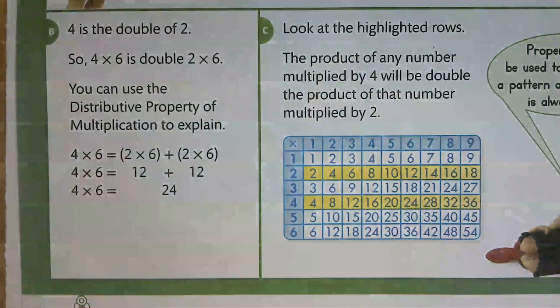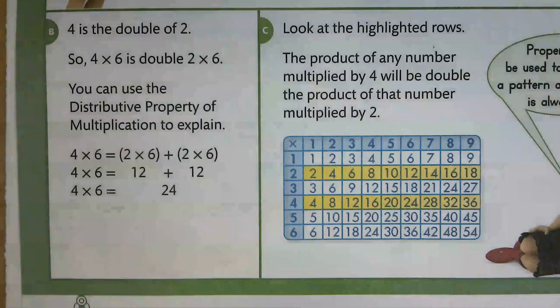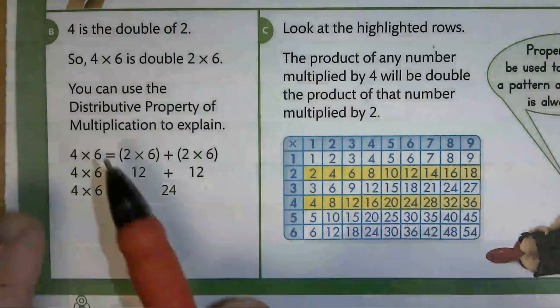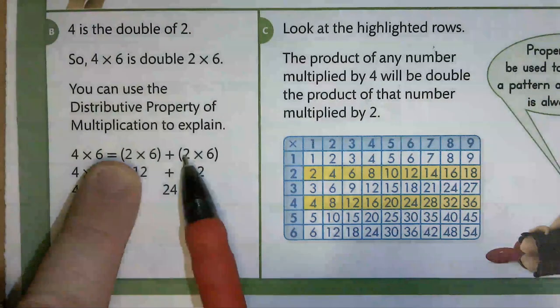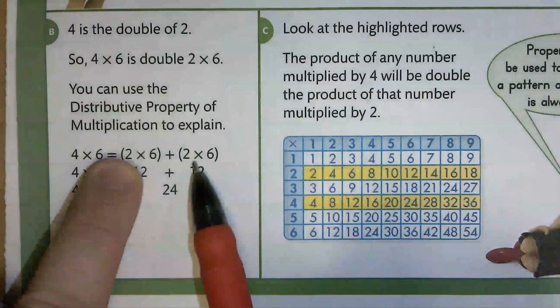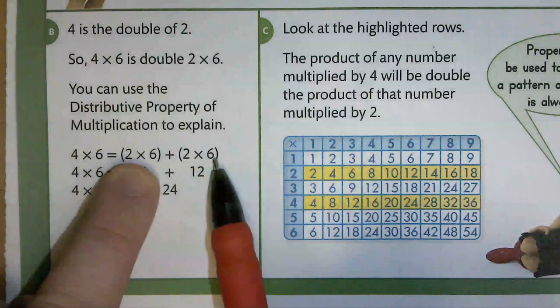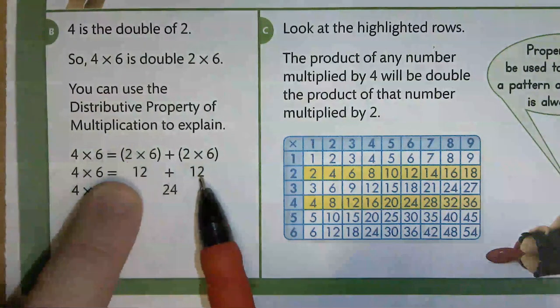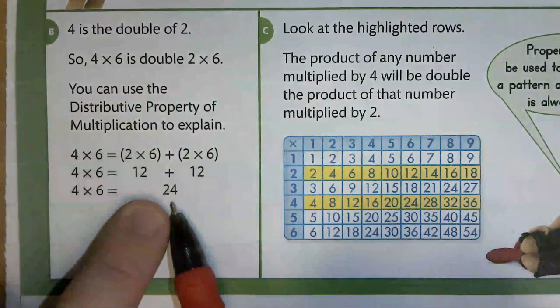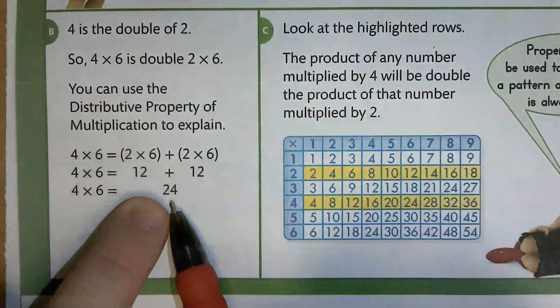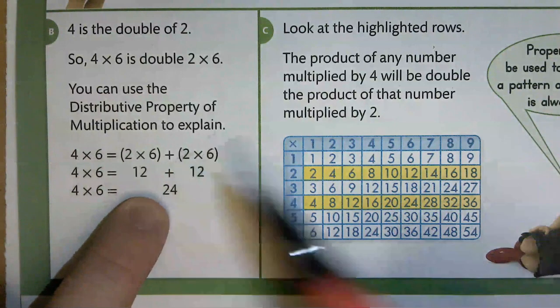So you can use the distributive property of multiplication to explain this, right? What that means is we took this 4 and we broke it into 2 and 2 because they're doubles. All right. So then 2 times 6 was 12. And if I have 2 of those, then I have 12 and 12, which when we add those together is 24. Okay. That's the pattern we can see here.